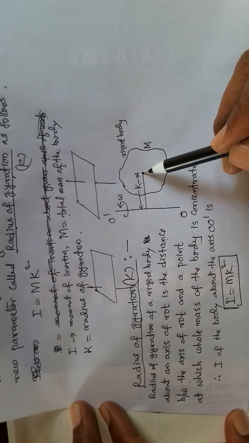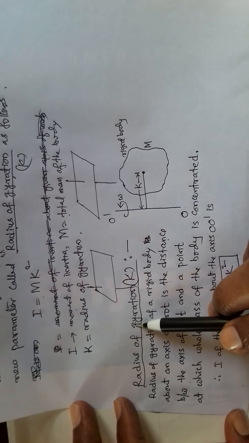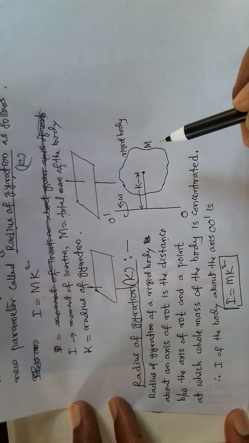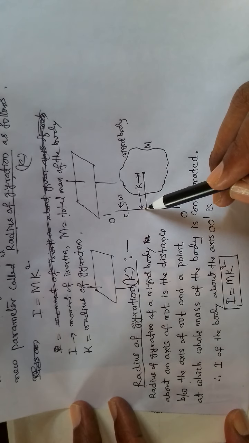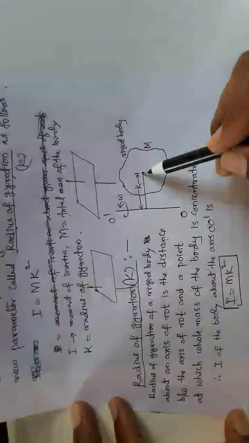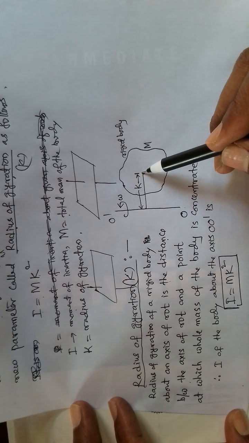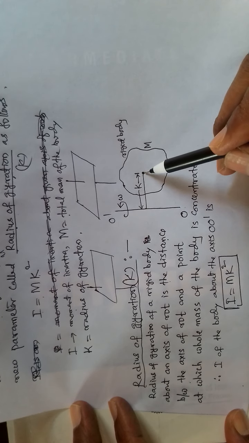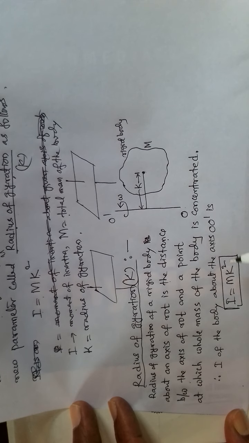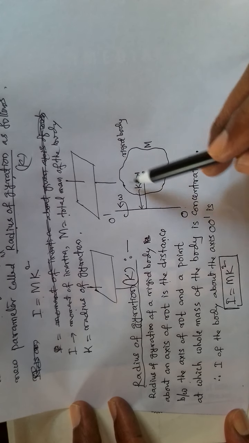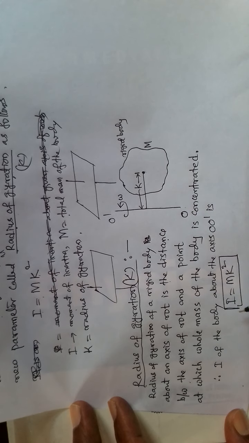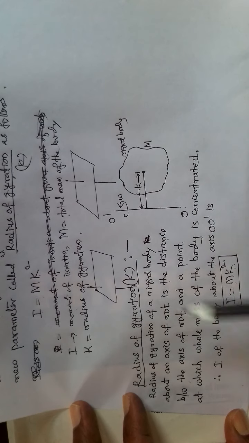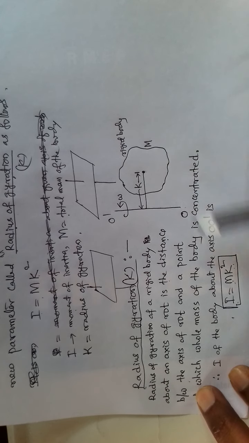This may be taken as the center of mass or center of gravity. So this distance is called the radius of gyration. If the moment of inertia of this rigid body about this axis is I, then I is equal to M K square, where K is the radius of gyration and capital M is the total mass of the body.